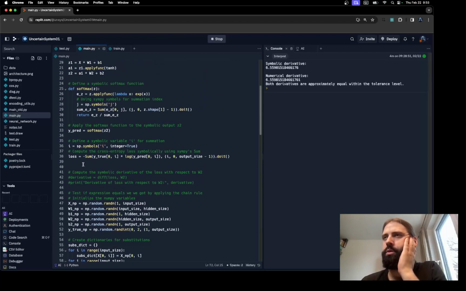So the loss function, essentially, it's a function of y true and y pred, the predicted and the true labels.